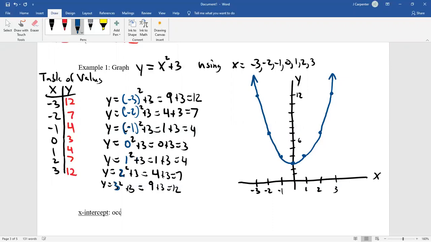This is going to occur where a graph crosses the x-axis. Coordinate of the form: you have your pair of parentheses with a comma between them, question mark, comma, 0.